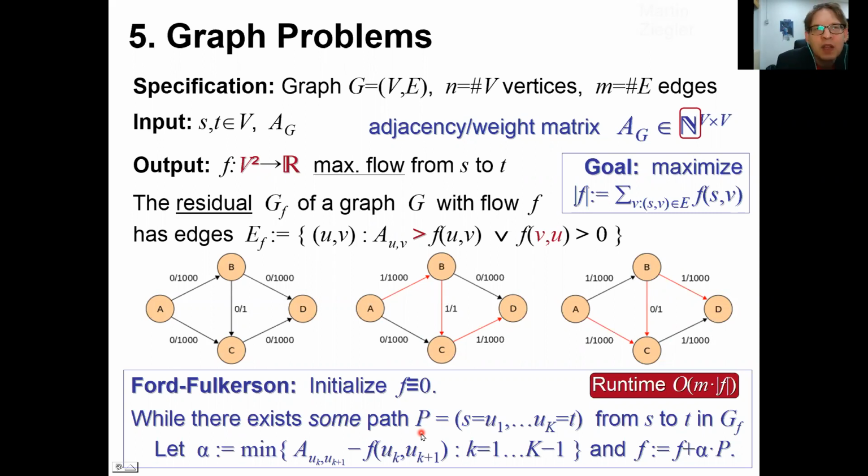Its execution is not fully specified, right? There's some kind of randomness or non-determinism inherent to Ford-Fulkerson, and if that non-determinism is used in an unsuitable way, in a strange way, then it can lead to this very inefficient behavior, where in each iteration the flow increases by only 1.